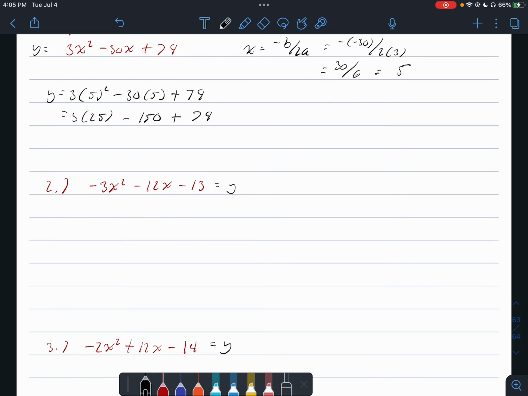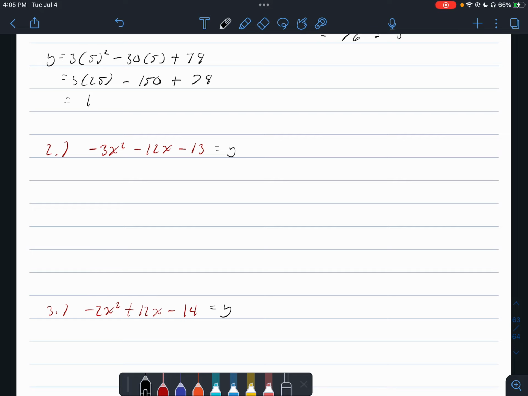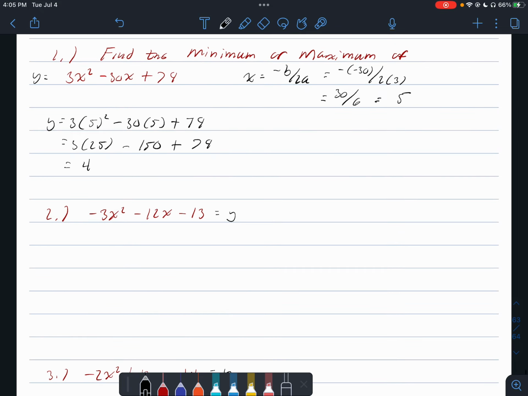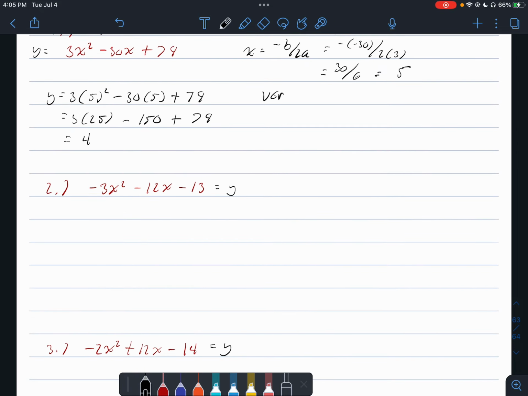All right, so we'll have 75 minus 150 plus 79. That will give us 4. So our vertex is given by the point 5, 4.